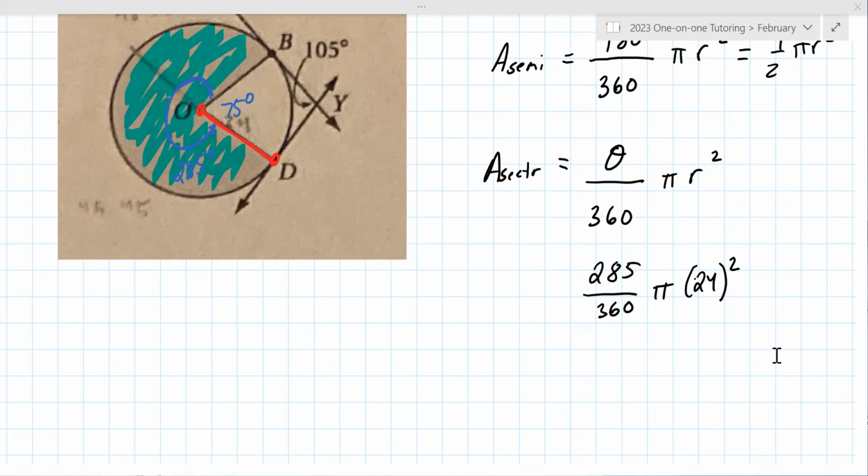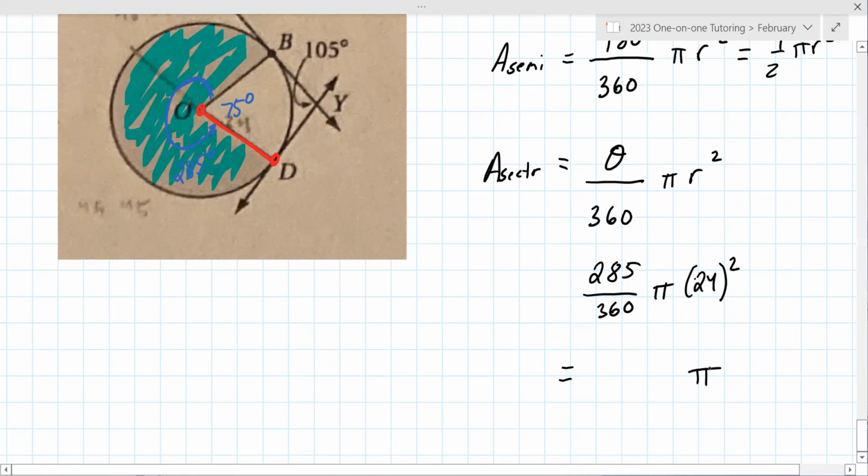You can just not put the pi in. So 24 times 24 is 576. That's true, but you've got to multiply it by 285 divided by 360. So then 576 times 285 over 360.